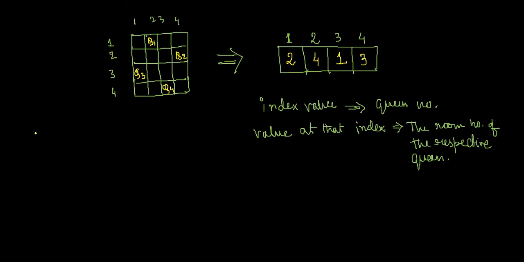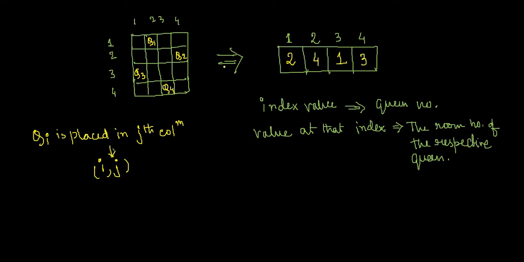So how can I map this? You see, if I assume that I have queen i placed in, say, the jth column, it means with respect to the two-dimensional view, the queen is placed in the ith row and jth column. Because queen i means ith row, and jth column means the jth column.